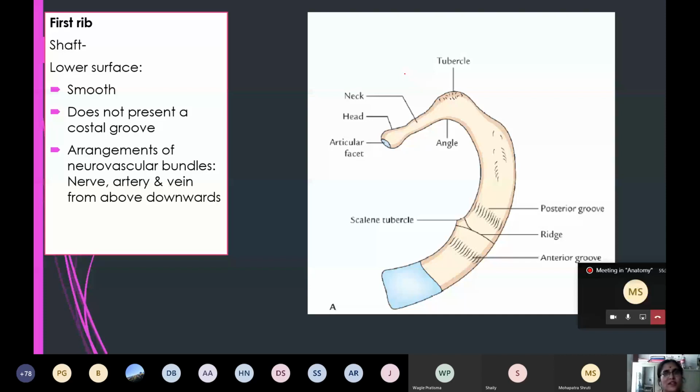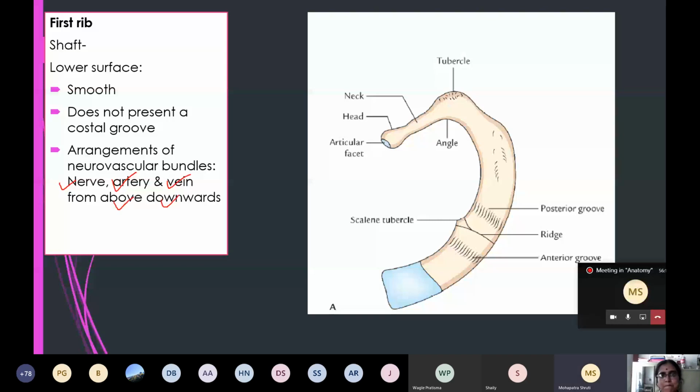The orientation of intercostal vessels and nerve in all other spaces is from superior to inferior, but here, first there is the intercostal nerve, below the nerve lies the intercostal artery, below the artery lies the intercostal vein. It is opposite, from above downward. So this is an exception. This can come in MCQ, my dear student. Is it clear? The exception?